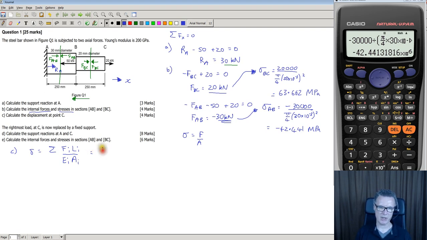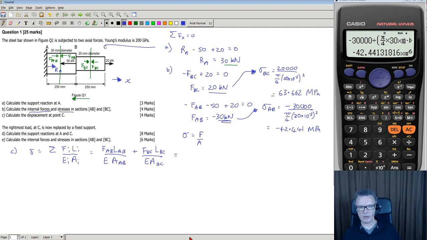So we've got FAB, length AB, divided by E, our Young's modulus, which is just a constant 200, and area AB. Plus the next one, FBC, length BC divided by E and ABC.